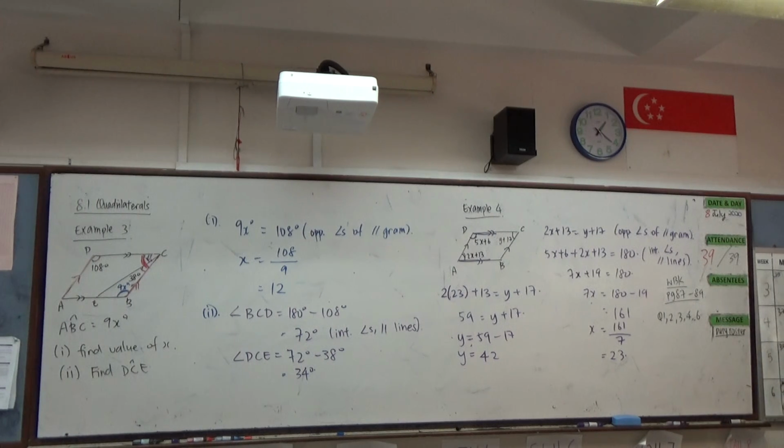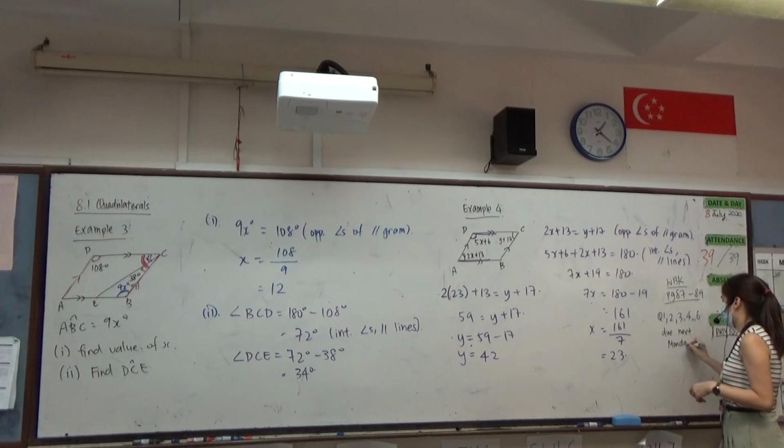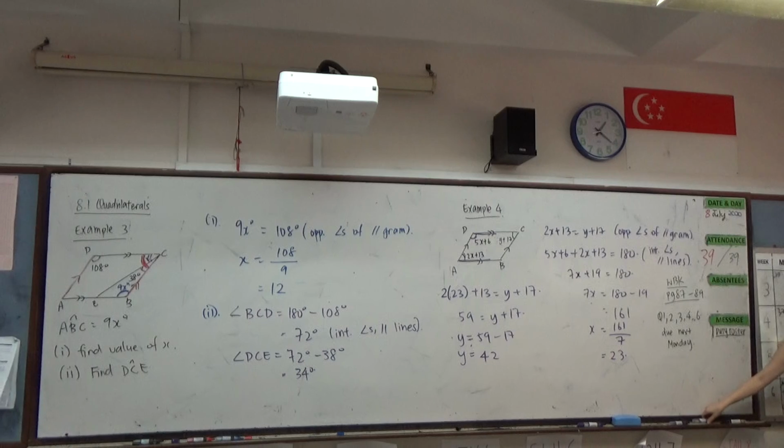Question 5 you don't need to do because it is the same as example 3. So just do 1, 2, 3, 4, and 6, due next Monday. That's all. Thank you, everyone.